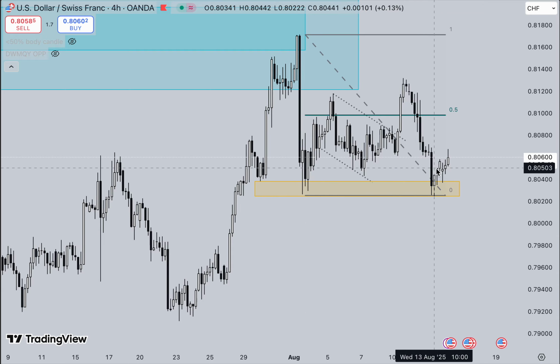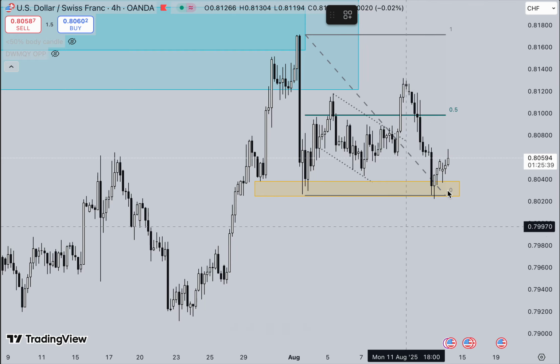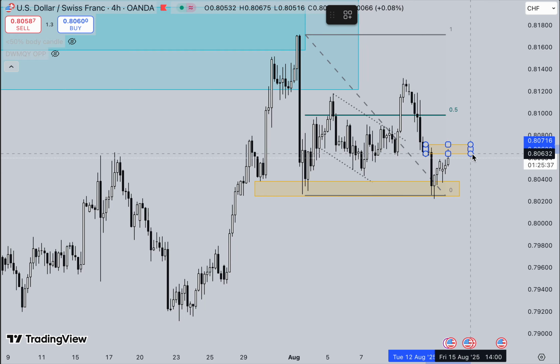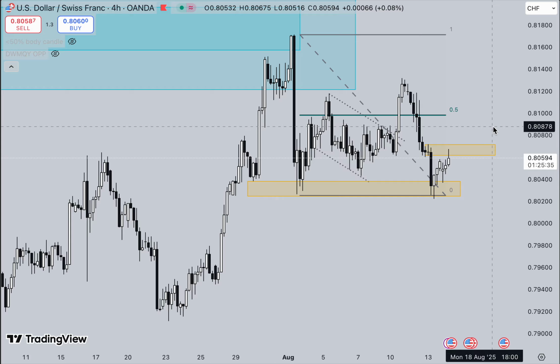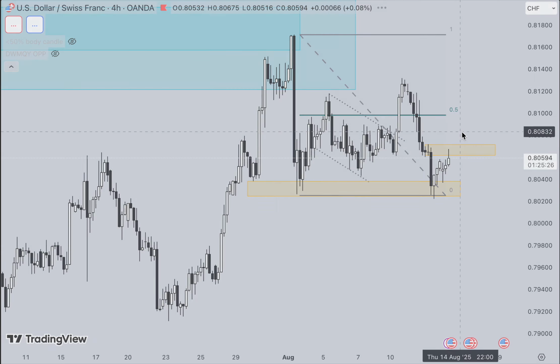We've grabbed liquidity below all of this, and that is causing this market to retrace. So we have an imbalance level right here. Let's watch out for that and see if that can cause market to push down lower. For now, I just want to stay away from it. I'm not interested as of yet. So let's see what happens.